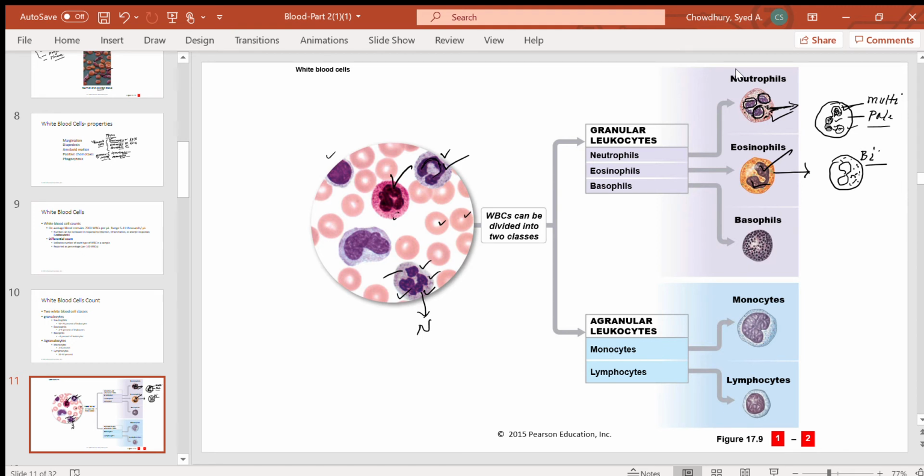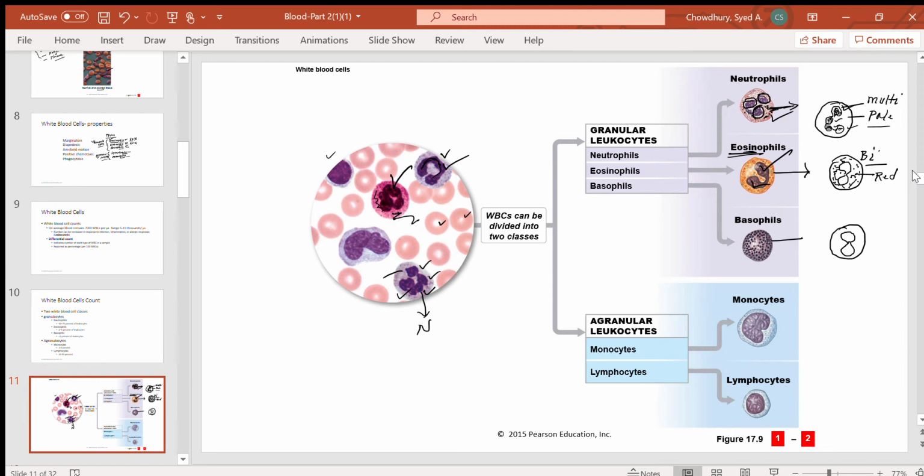The granules are stained with acidic dye called eosin, and that dye is red or orange. So if you see red or orange color in the cytoplasm, here you can see red or orange. So that is eosinophil.